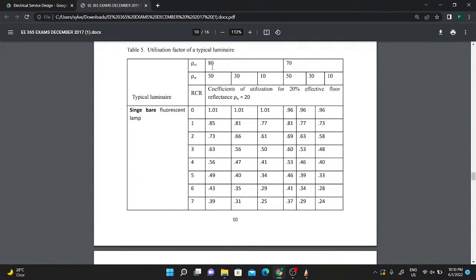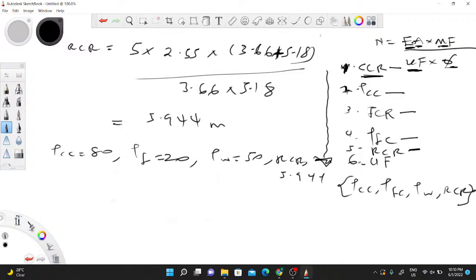With row CC of 80, row W of 50 and row FC of 20, 5.94 is between 5 and 6, so we have to interpolate.